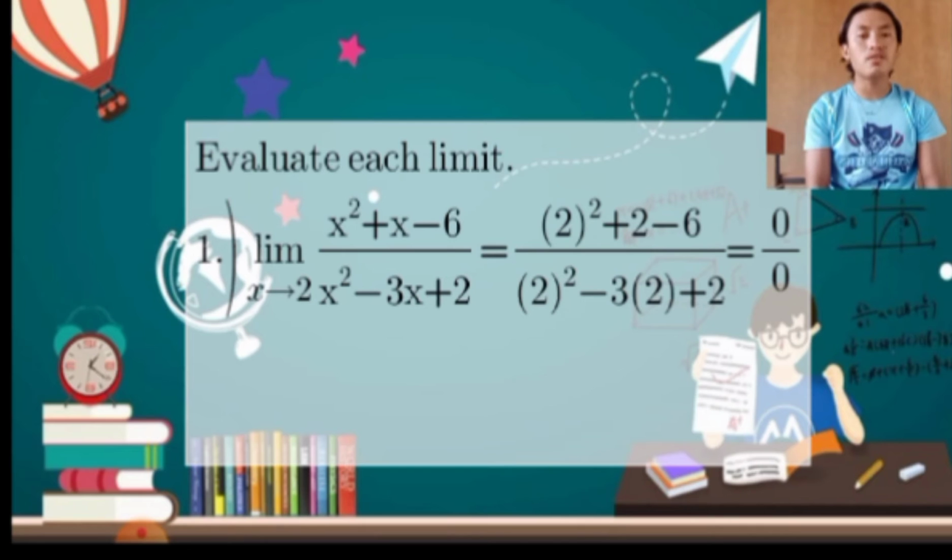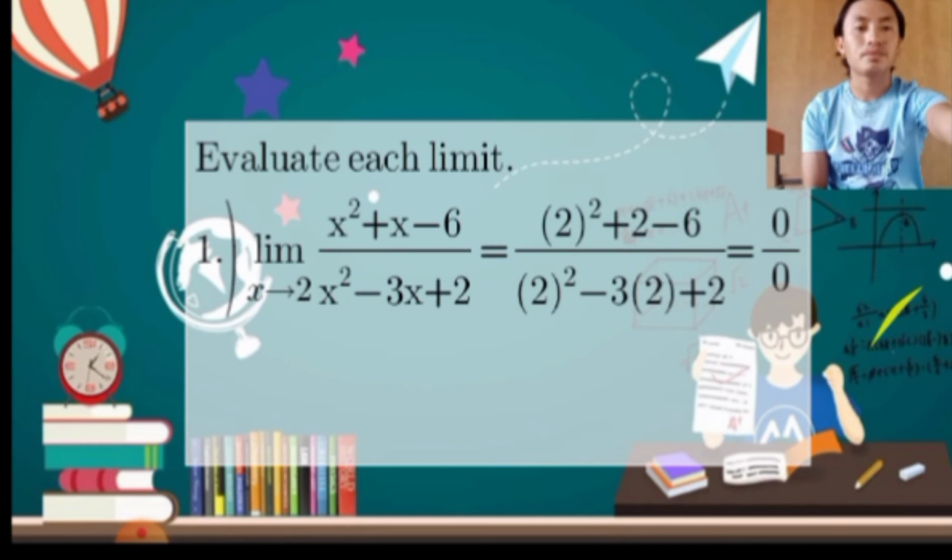So substitute the value of x with 2. So 2 squared plus 2 minus 6 over 2 squared minus 3 times 2 plus 2 is equal to 0 over 0.